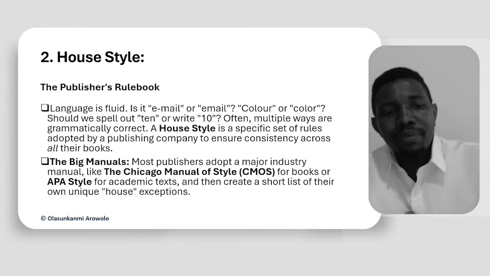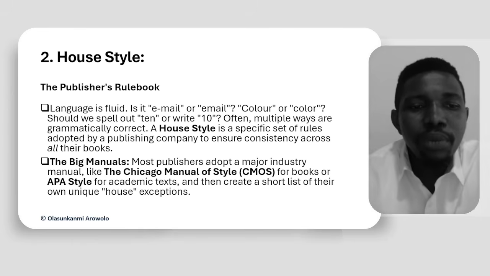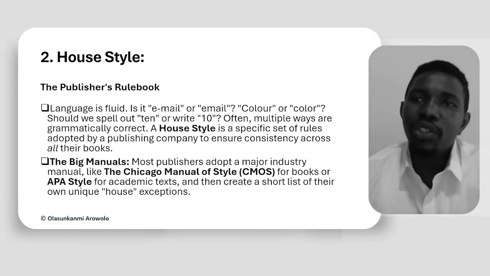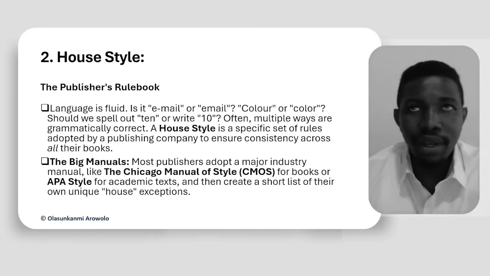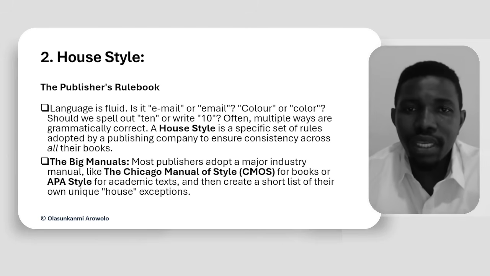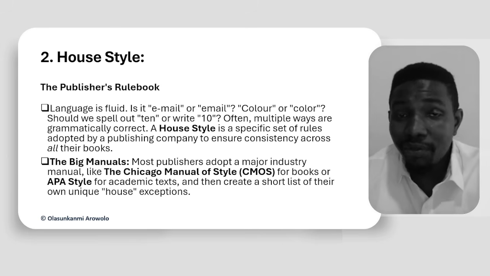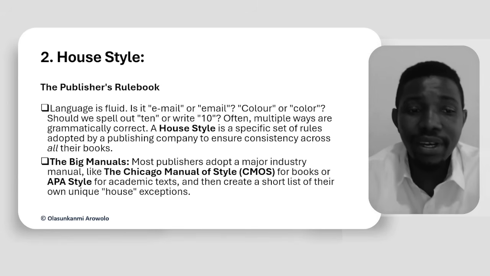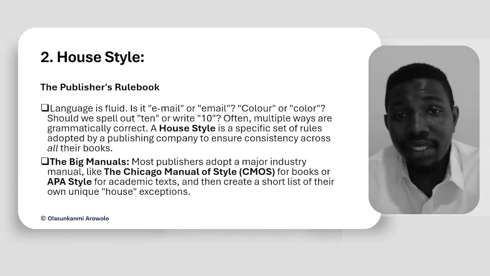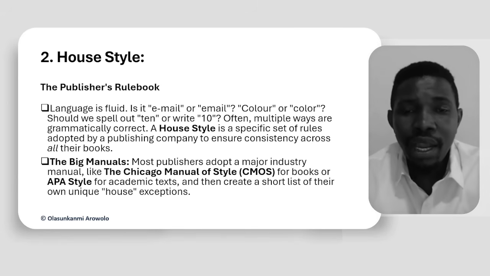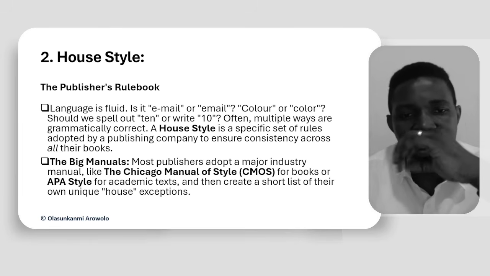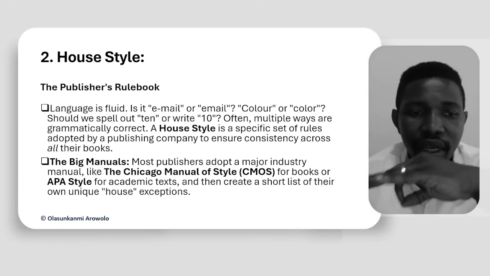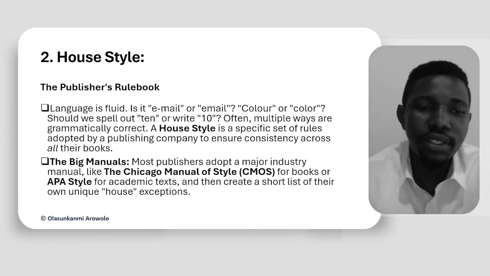Now, the big manuals. Most publishers adopt a major industry manual, and these manuals reference styles that have been accepted and widely acknowledged. For example, we have the APA style, which I've earlier referred to as one of the styles that we use in communication in social sciences.